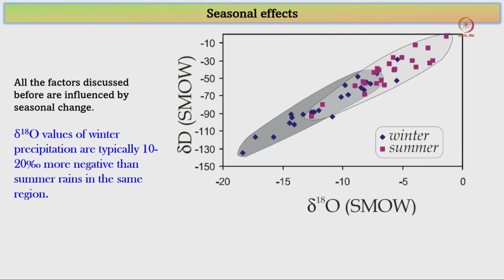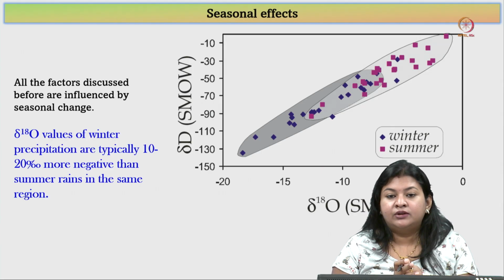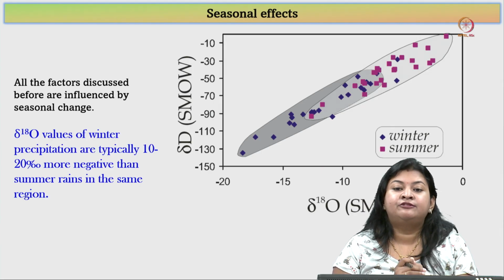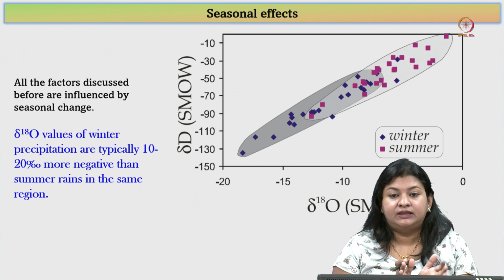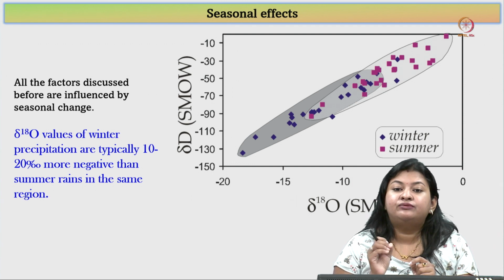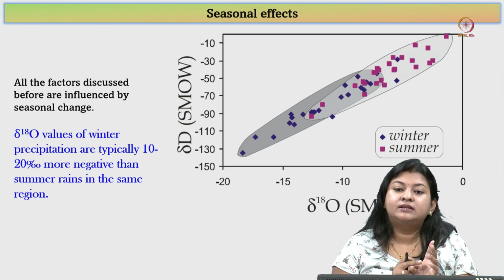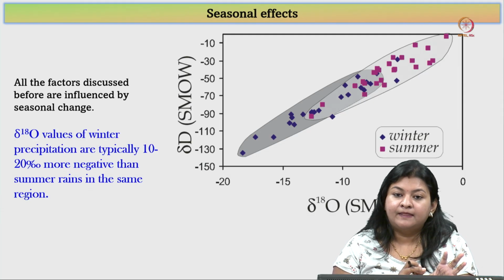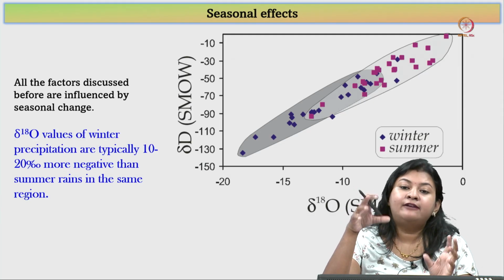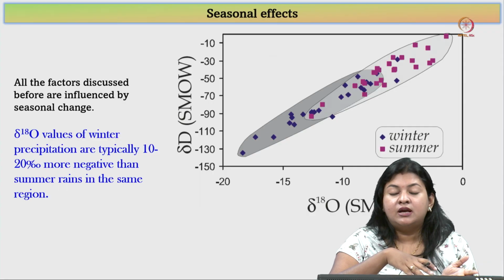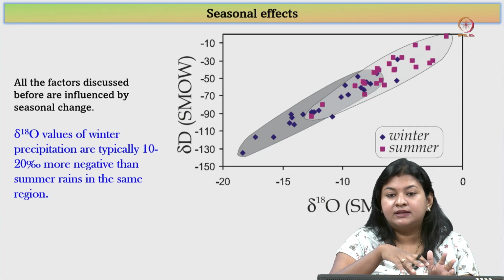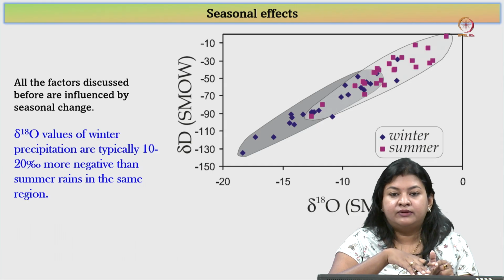Now, all the factors that we have discussed so far, that is temperature, altitude, latitude, distance from the coastal areas, that is the continentality effect, and the amount effect, everything influences the seasonal effect. How much difference are we going to see between the seasons? Most of it is related to the temperature and the altitude. And of course, if it is near the coastal ocean or near the tropics, then the amount effect is also very important.